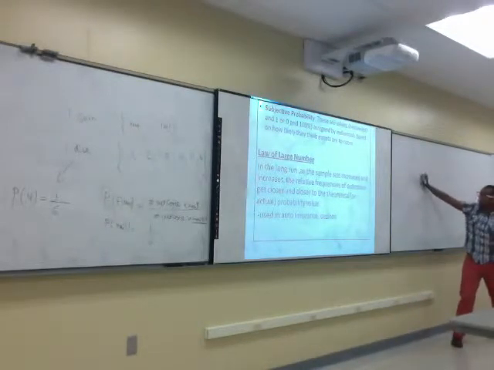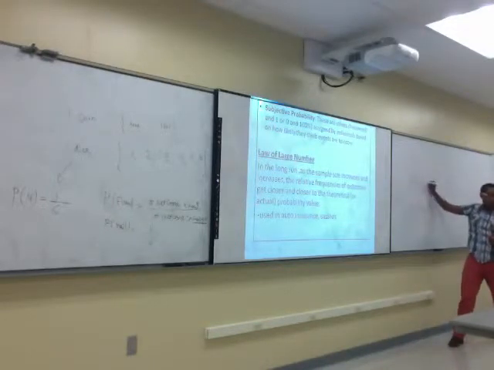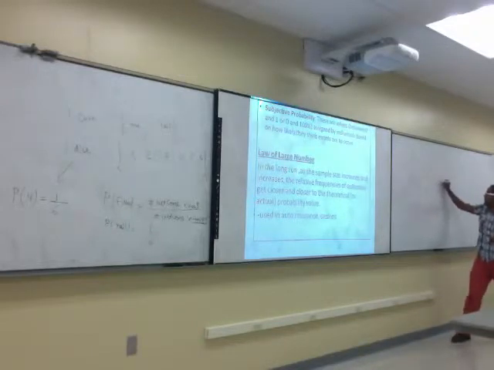What is the probability of getting 1? 1 over 6. What is the probability of getting 2? 1 over 6. All the way down to the last value, it will be 1 over 6.